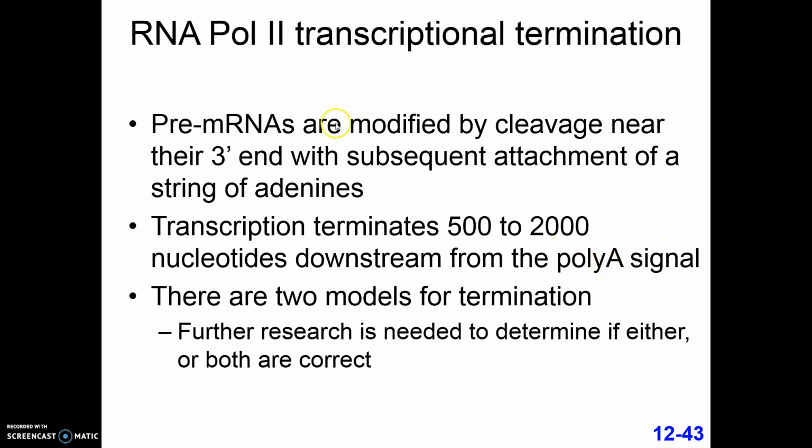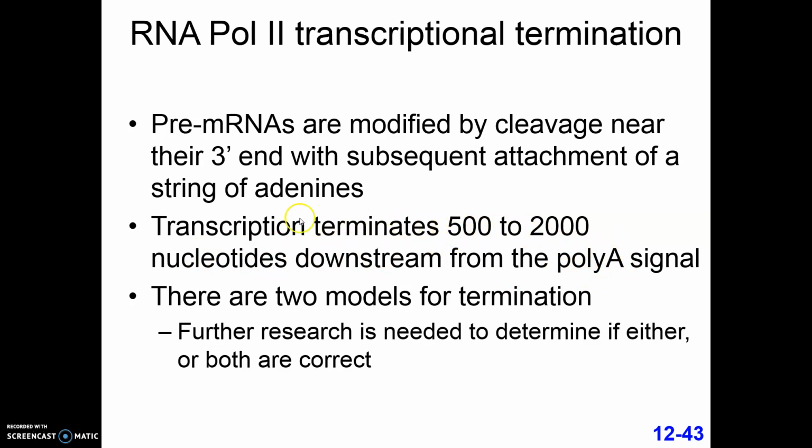That signal triggers the messenger RNA to be cleaved and to then flow off. Afterwards, you will get an attachment of a whole string of A's to the end of it. The transcription itself will terminate 500 to 2,000 base pairs downstream of this poly-A signal.